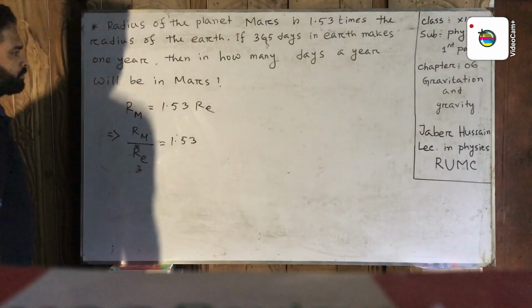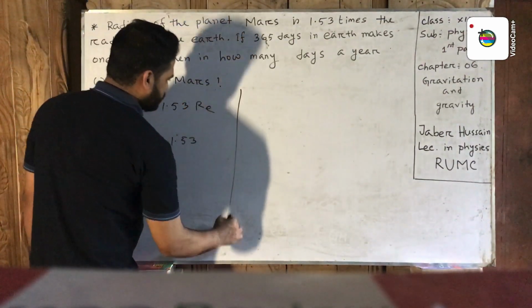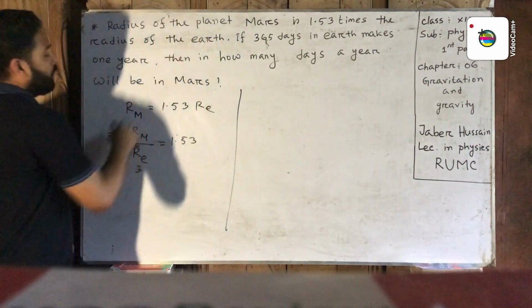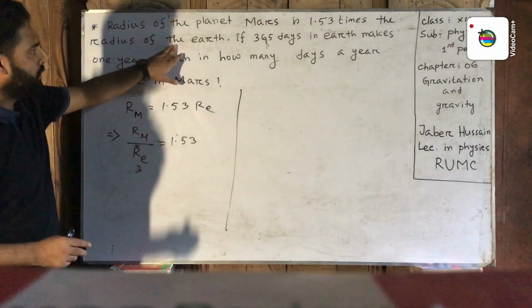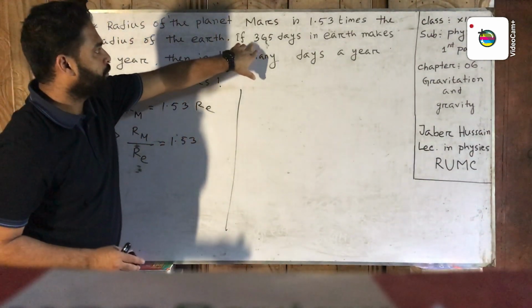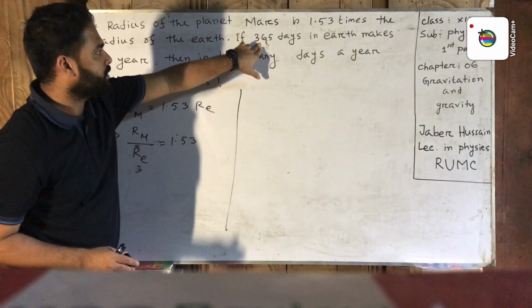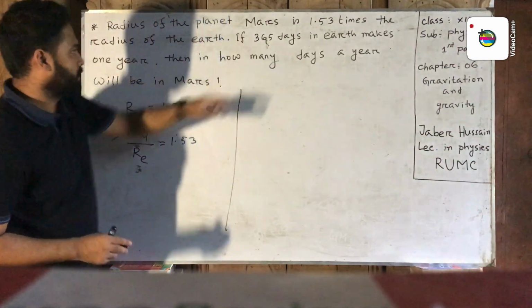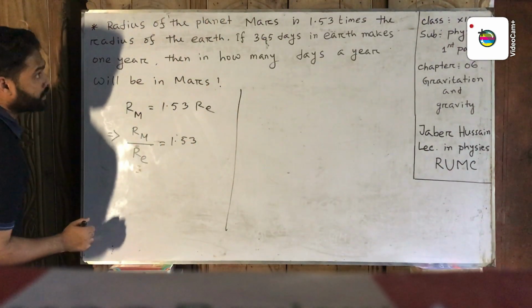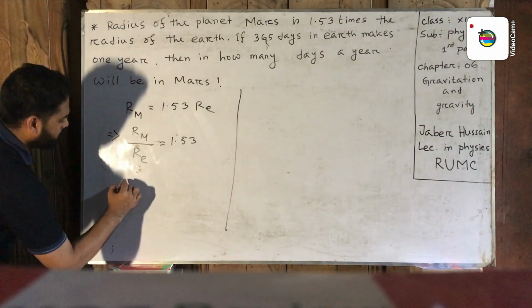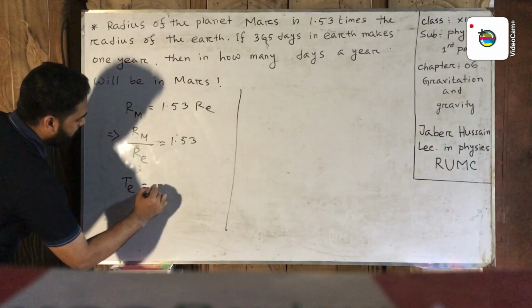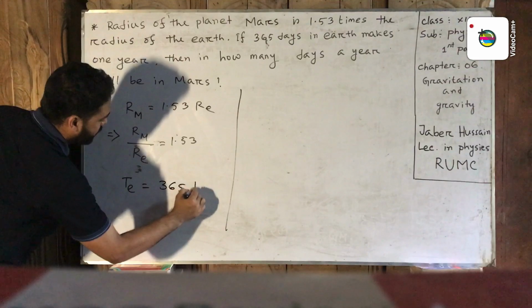Now from Kepler's third law, in this question, the time period of Earth is 365 days. Let us consider the time period of Earth will be Te equals 365 days.